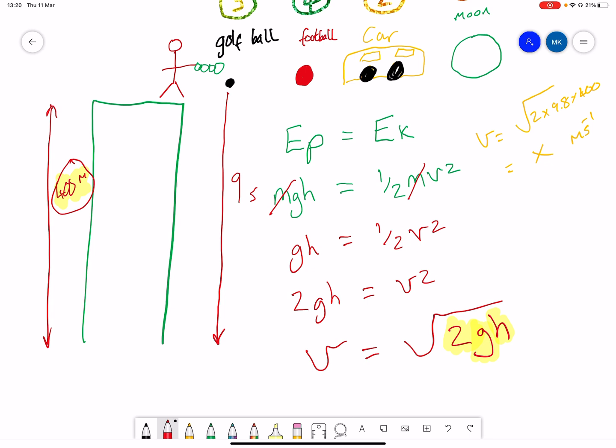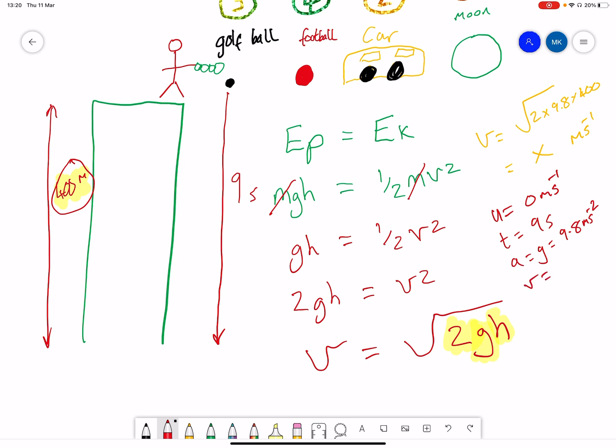Before you release it, the initial speed is still 0. We know the time took 9 seconds, and we know a, which is the gravity, 9.8 meters a second squared.